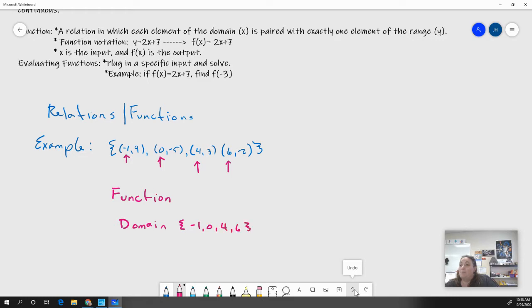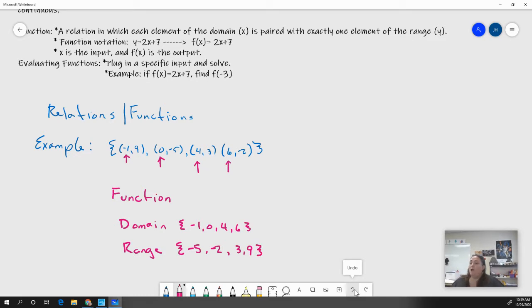That would be the domain of this function. The range of this function would just be our y values. So we want to do them in order least to highest. So they would be -5, -2, that's a negative, 3, and 9.